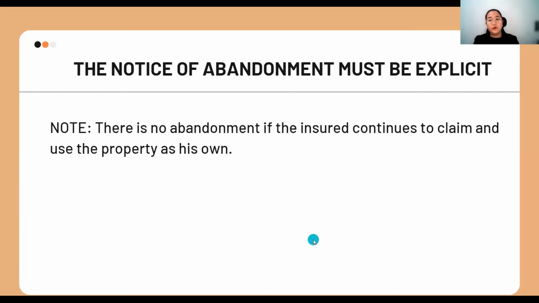The use of the word abandonment is not necessary. It is sufficient that the expressions used inform the insurer that the insured has the intention to abandon the property, but there is no abandonment if the insured continues to claim and use the property as his own.